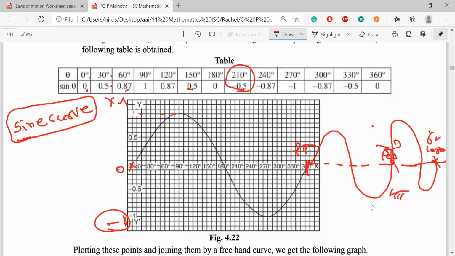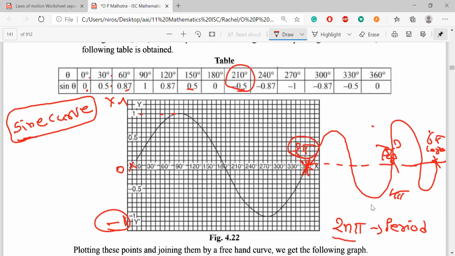Next we have 6 pi. That's why we got 2n pi as the period. That is the period: the interval at which the graph repeats itself. That is the definition of the period. So here the graph is repeating for every 360 degrees, that is for every 2 pi.